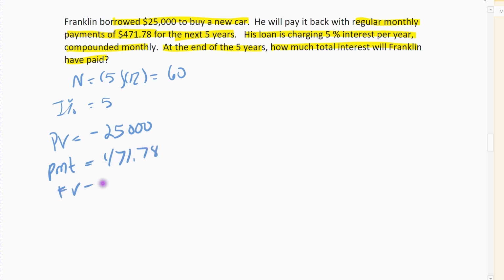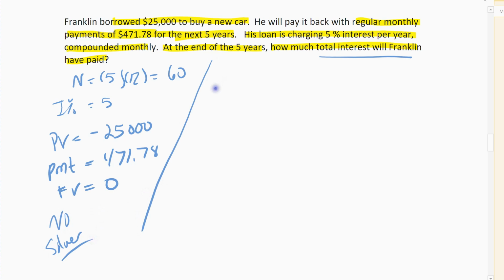We know the future value is 0. And so you'll notice there's nothing to solve for. This is one of those where students overthink the problem. They're just asking you to figure out the interest, which you can't plug in the calculator and do. This is the one you have to figure out on your own. There's nothing to do in the solver. No formula to plug in.